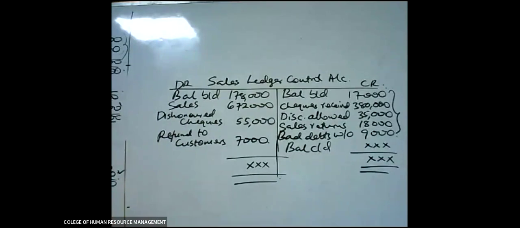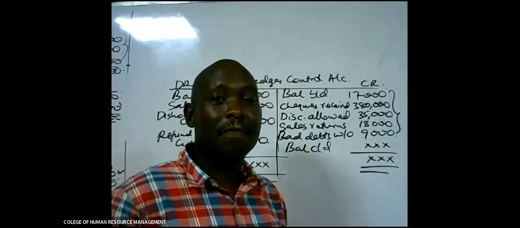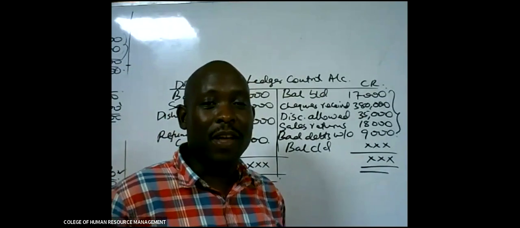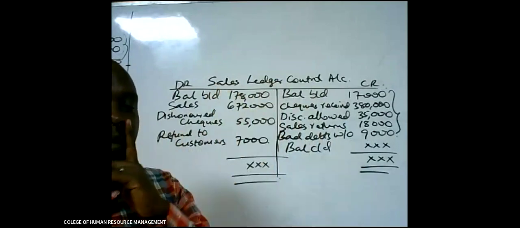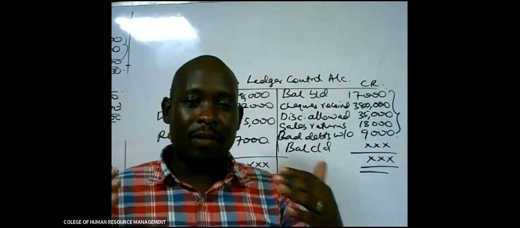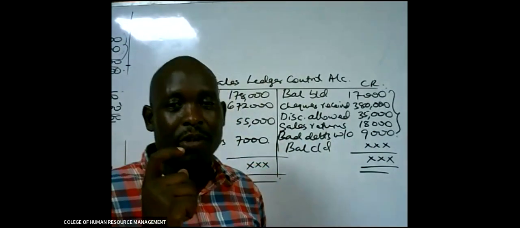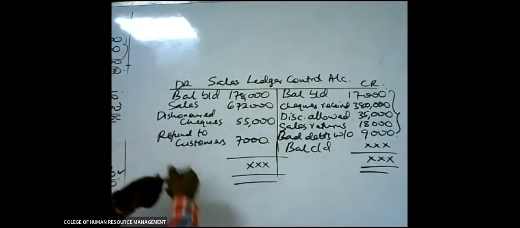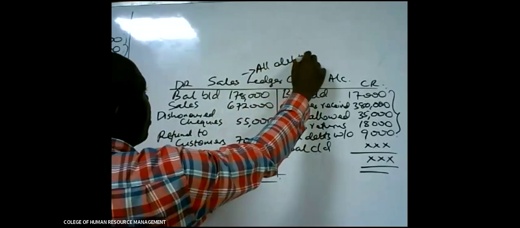Okay, let me go now back to the issue of refund. Many will think that it is going to be an entry on the credit, but we don't credit that. The reason being, when we talk about the control accounts, we are talking about one account controlling so many debtors, not one single debtor.